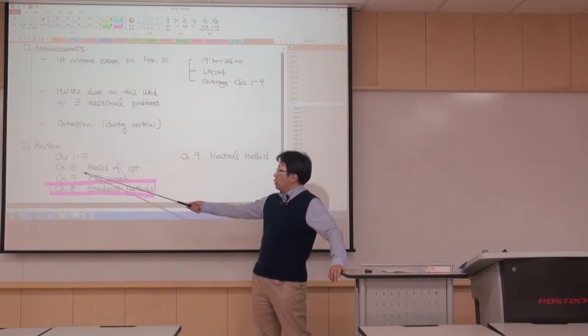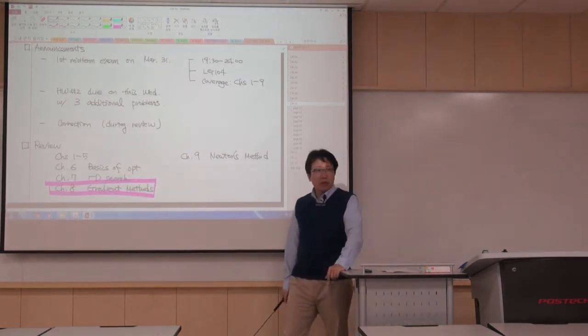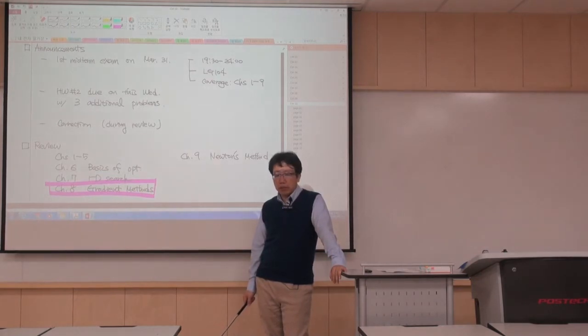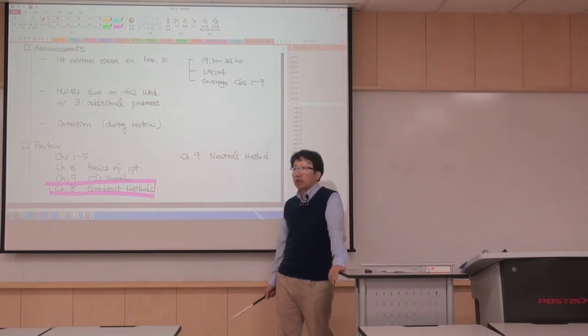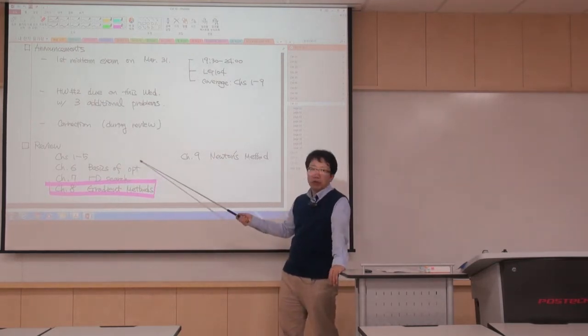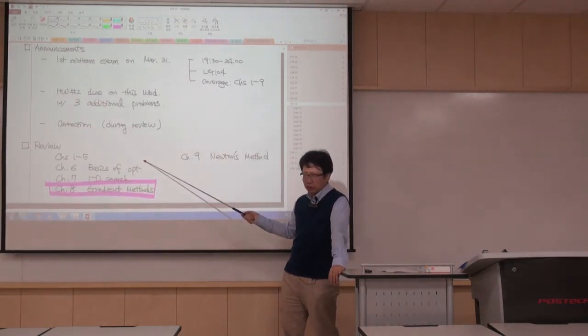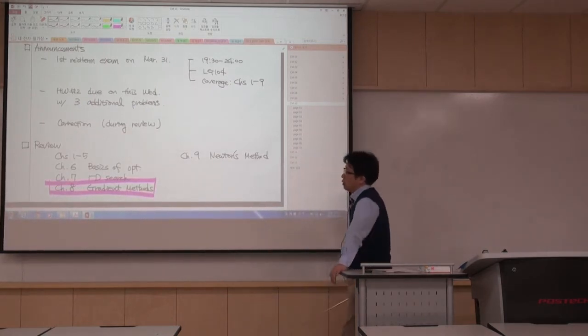And then in chapter 6, we considered general set-constrained and unconstrained optimization problems. Especially, we studied necessary conditions and a sufficient condition. So we studied the first order necessary condition, the second order necessary condition, and the second order sufficient condition.